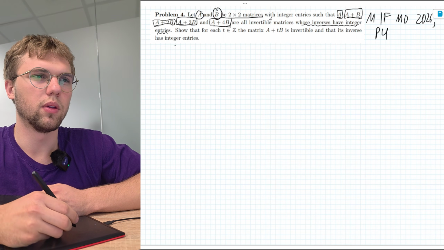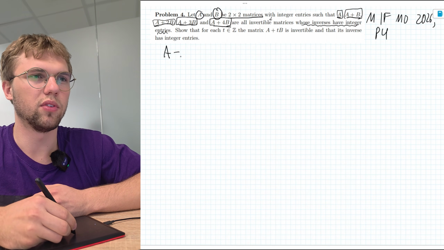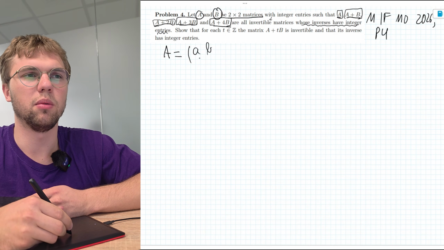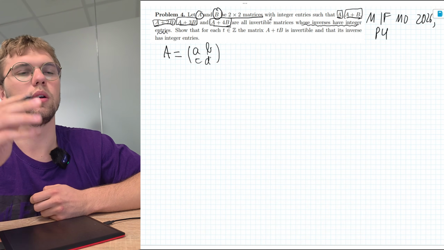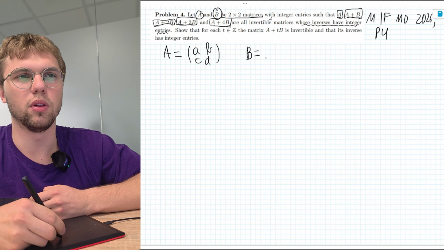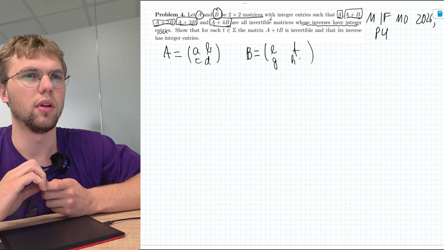So yes, let's try to understand everything that is being said. So we have some matrix A. Let it be a, b, c, and d. I know there are more standard notations, but for me this is more simple. And matrix B, let it be e, f, g, h. Right?